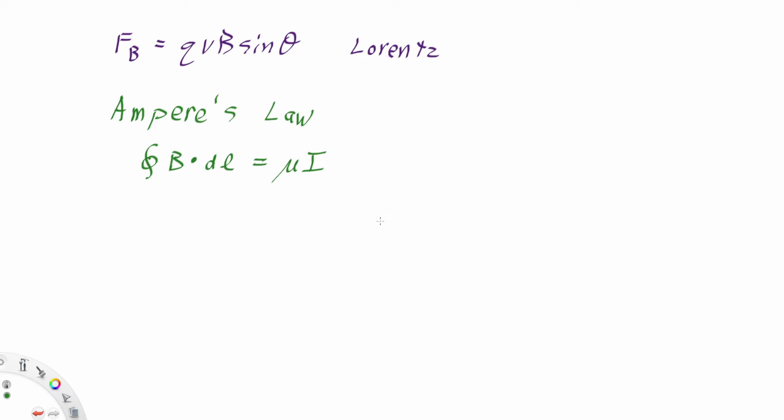If the current that we are talking about is carried along a long straight wire, so current is going that way, and this wire is real long. And when a physicist says real long, that's actually code for infinitely long.